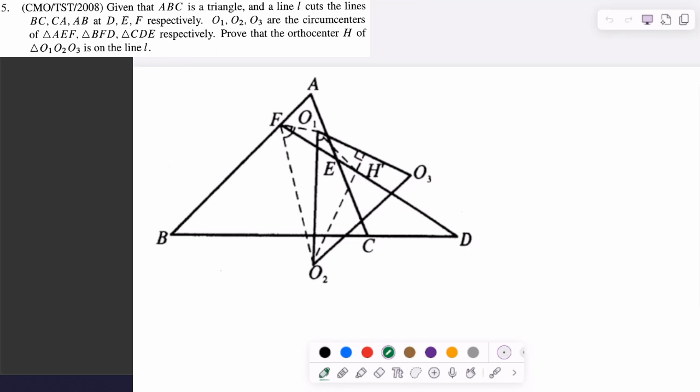Basically, this is like that. So we know that triangle O1, O2, O3 is similar to triangle ABC. So from O2, we introduce a perpendicular to O1, O3, and it cuts line L at H here.